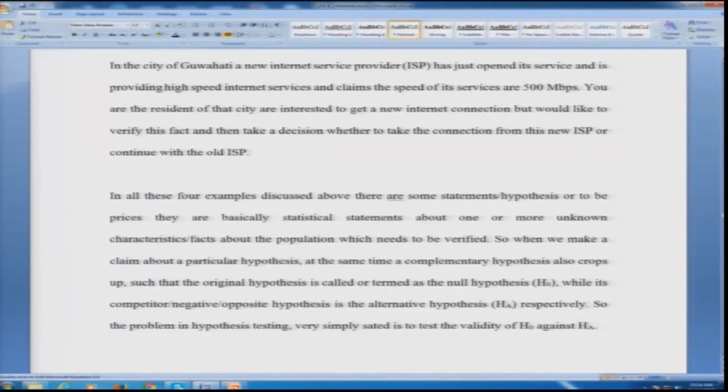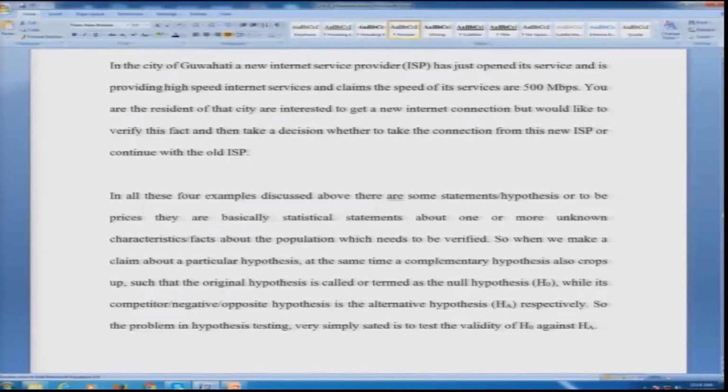When we make a claim about a particular hypothesis, at the same time a complementary hypothesis also crops up, which is the other part. So, if you believe statement 1, the complementary statement would complete the whole scenario, meaning whatever different types of scenarios you can have.